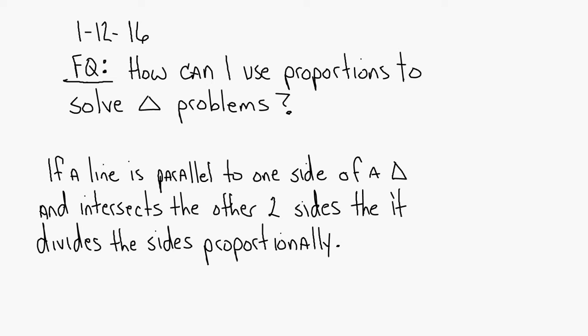If a line is parallel to one side of a triangle and intersects the other two sides, then it divides the sides proportionally.